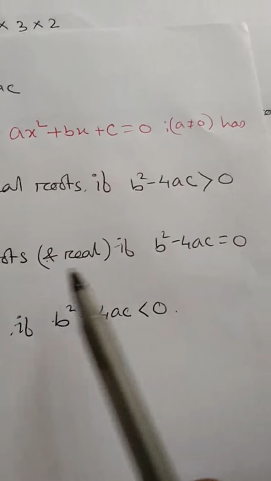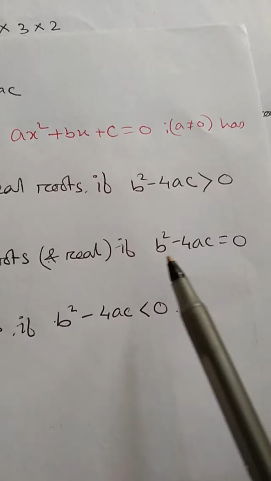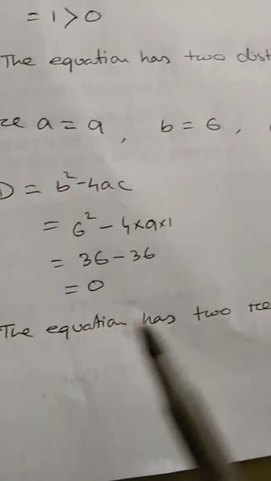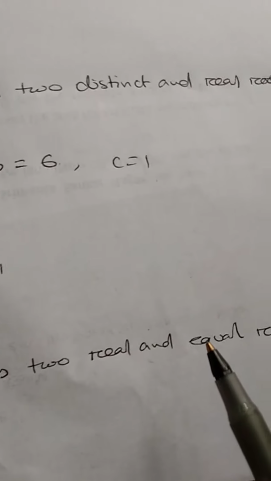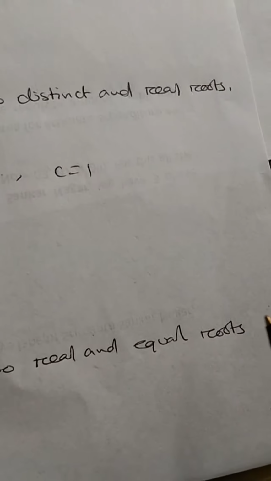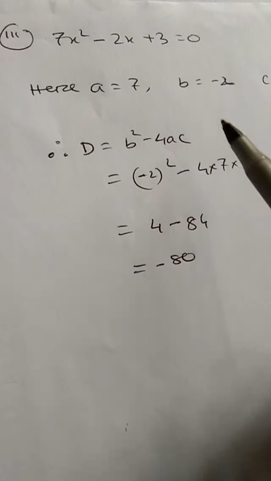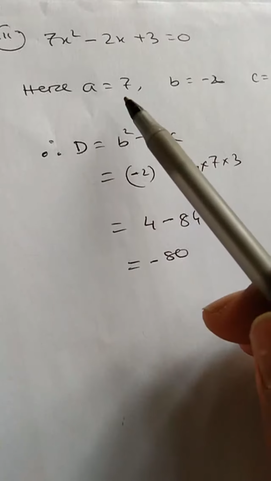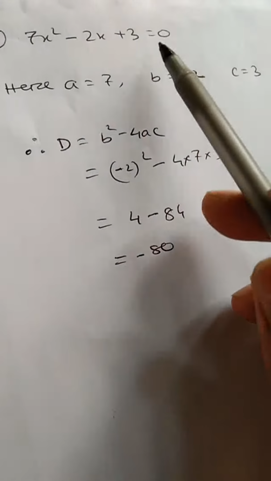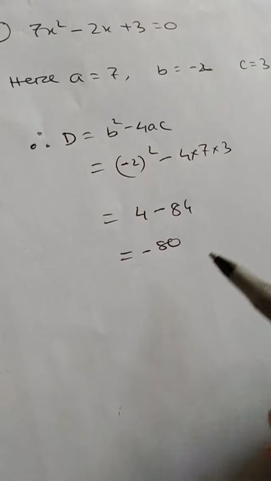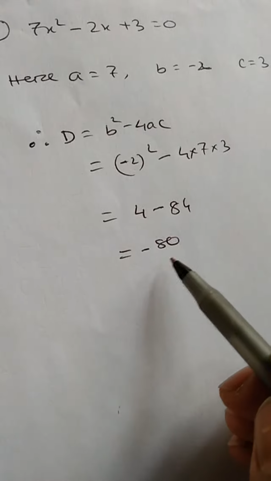So this condition we have to write as b square minus 4ac is 0. So the equation has two real and equal roots. Third example, you can see a is 7, b is minus 2 and c is plus 3. So then value of discriminant after solving we get minus 80.